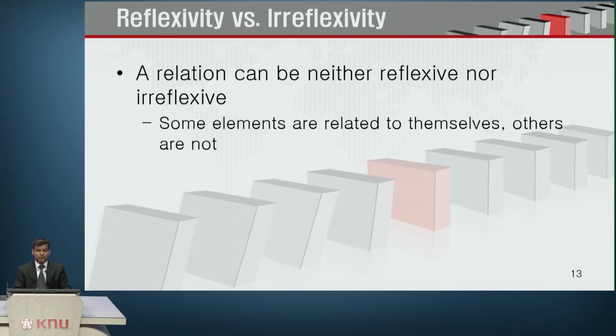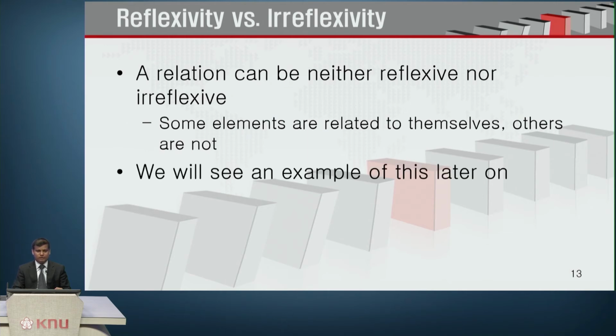There are conditions in which some elements are related to themselves and some are not, so that can be possible. We will see an example of this later on. For example, you have a set of elements, and in one set some elements are related to themselves and some are not, rather they are related to elements in other sets in a different way. We will see that later on.